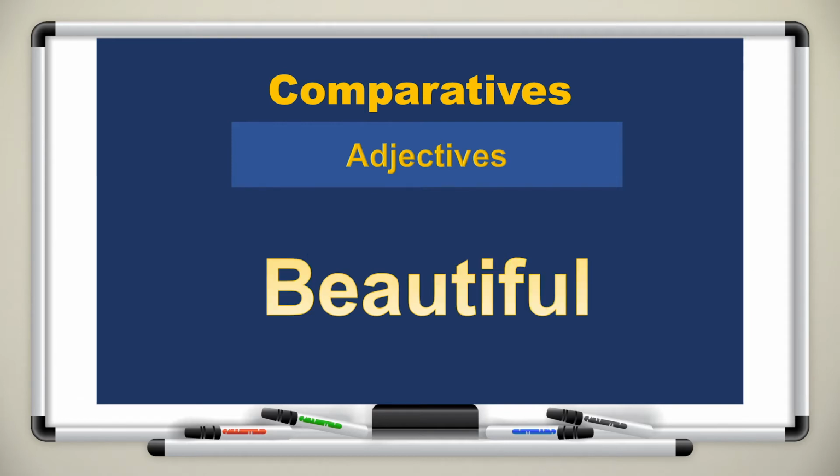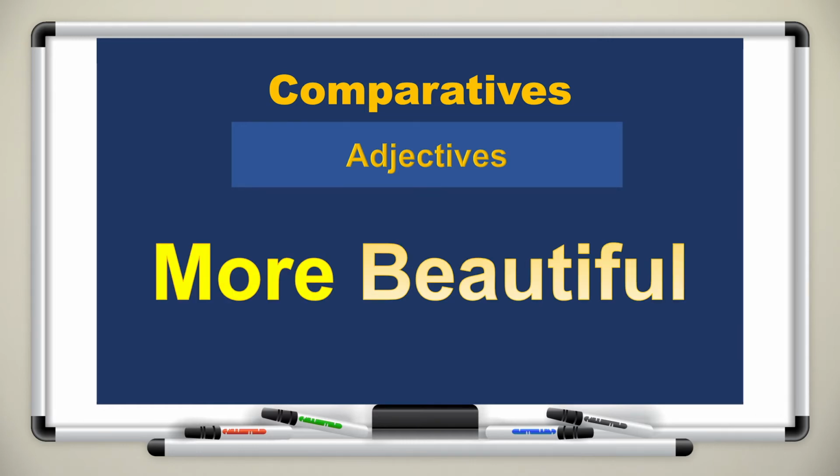If I want to describe a girl as beautiful than the other girl, I will say more beautiful than. So the word tall and the word beautiful are both adjectives, and I want to use them to compare between two nouns. So in the first one, tall, I used ER at the end to make it a comparative word. So I said taller. For beautiful, I said more.